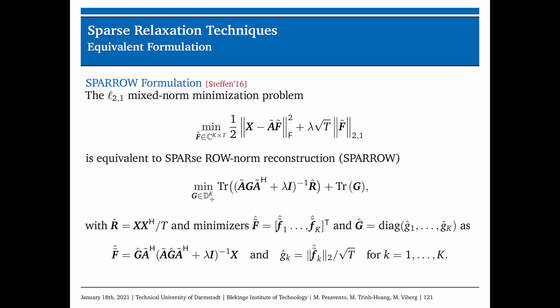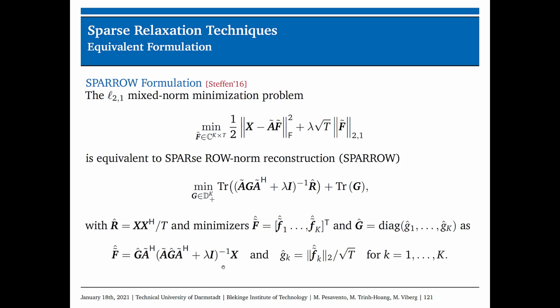We remark that this optimization problem is equivalent to the original regularized least square problem in the optimization sense. Hence, the solutions of both problems are related through a one-to-one mapping. Given a solution G of the SPARROW problem, we can easily compute a corresponding solution F of the original problem through the relation that is given over here.